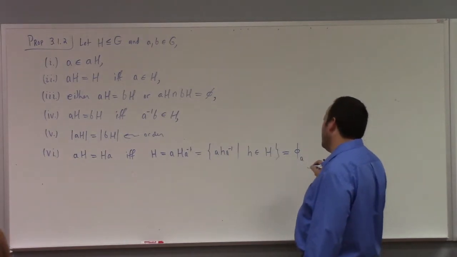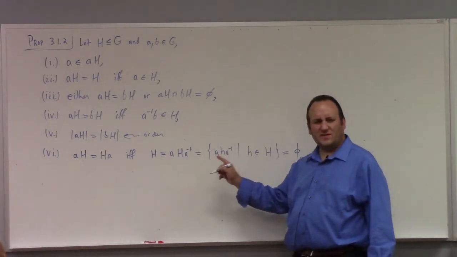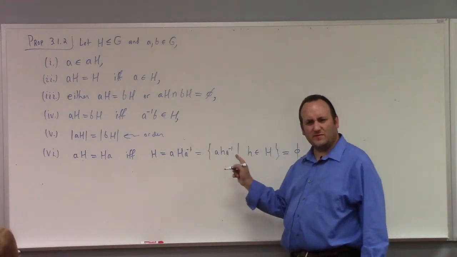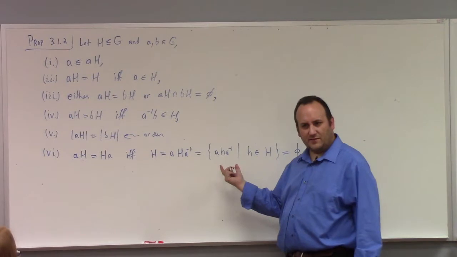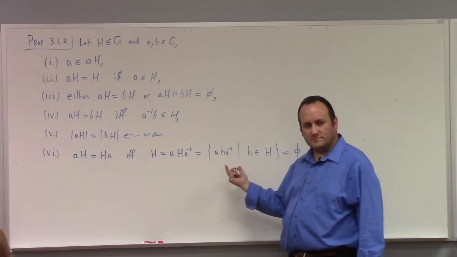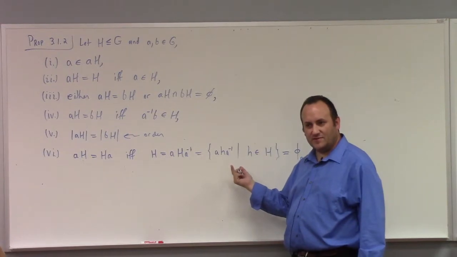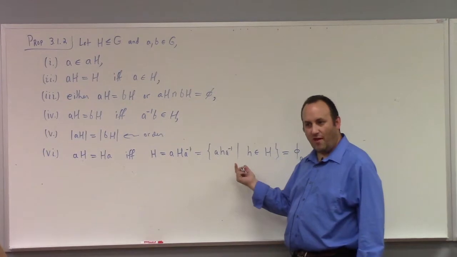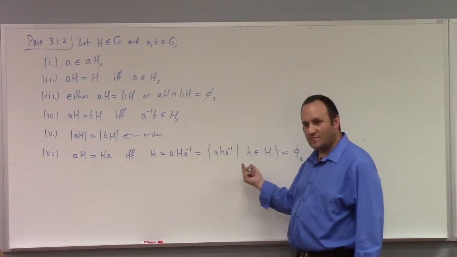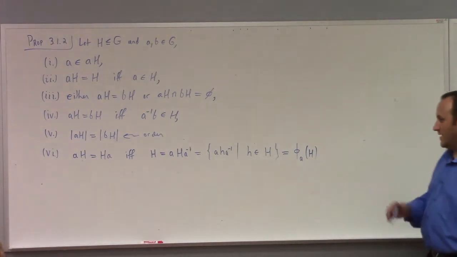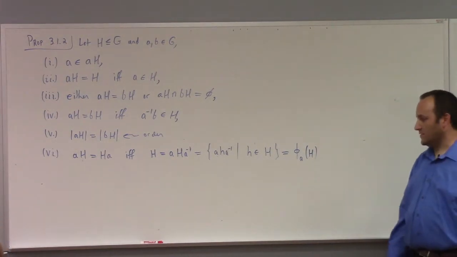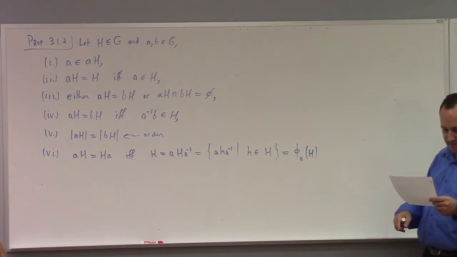Oh, maybe it would. What was my conjugation map? Did I say phi sub g? Did it have the g inverse on the left or the right? Do you remember? Phi g of x was g x g inverse, or was it g inverse x g? Okay, then we're good. I mean, this is the image under the inner automorphism phi a, if you want to write it that way.